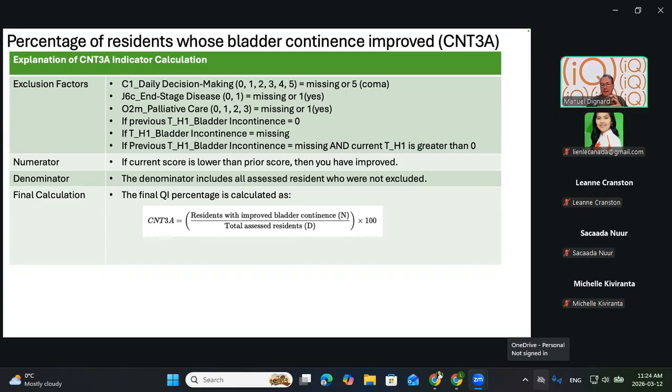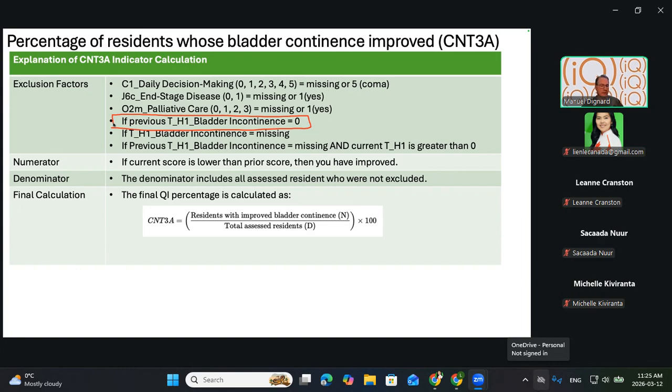Now we're focusing on residents who show improvement in bladder. So same thing here, same type of calculation, right? We're using our temporary variable, same exclusions, except this one we're looking at the bladder temporary variable.